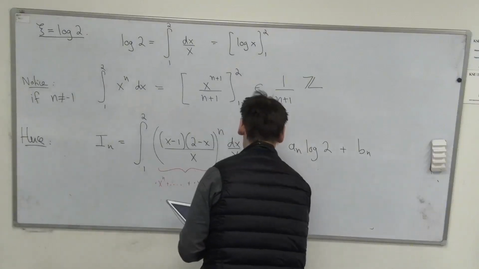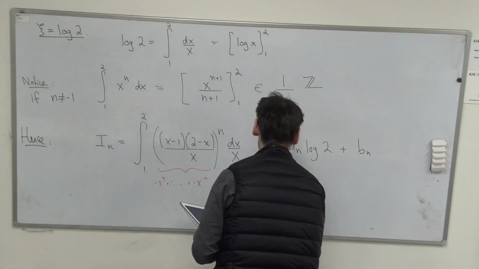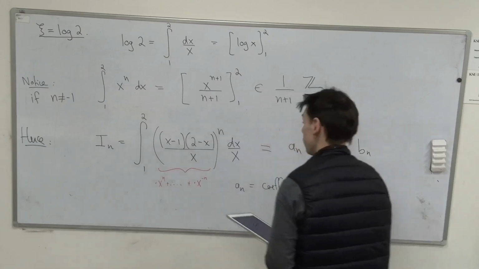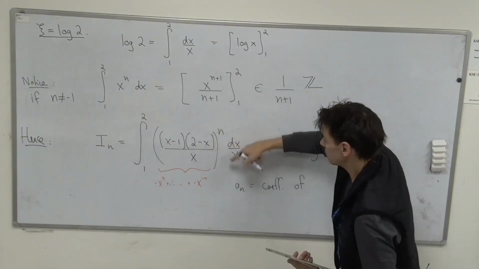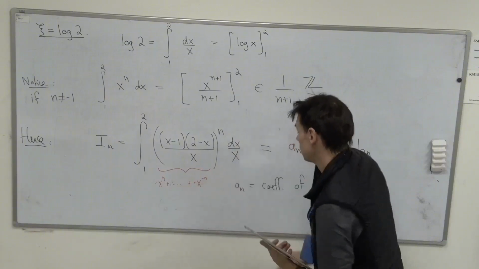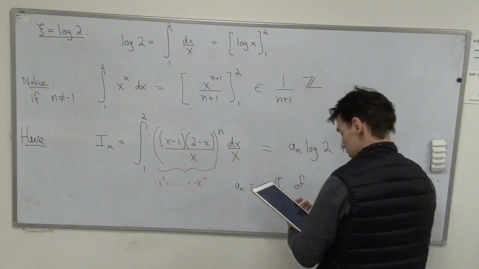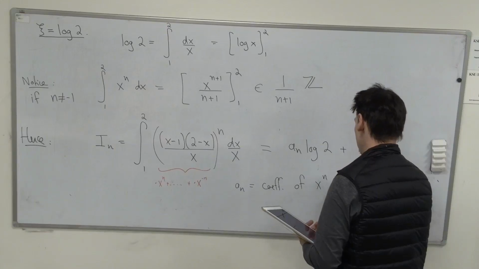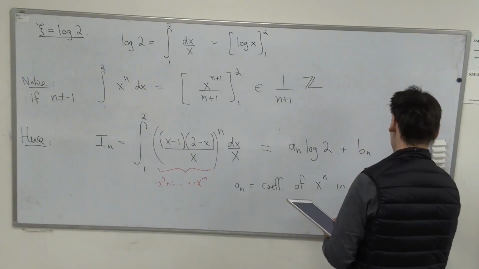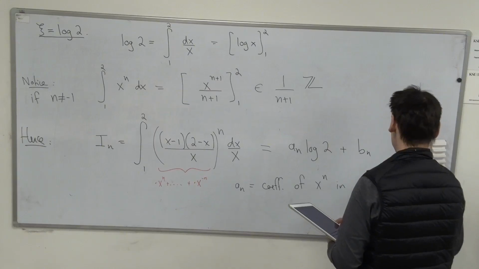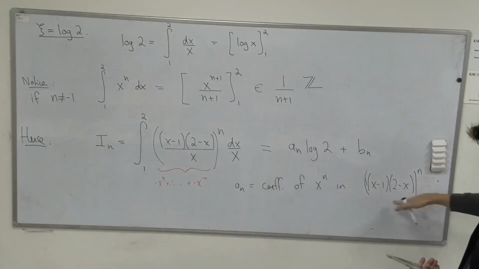And more precisely, an is the coefficient of, if you think about it, the only term that contributes to the log is the constant term of this polynomial. So it's the coefficient of x to the n in x minus 1, 2 minus x to the n. And by the binomial formula, you can compute this.